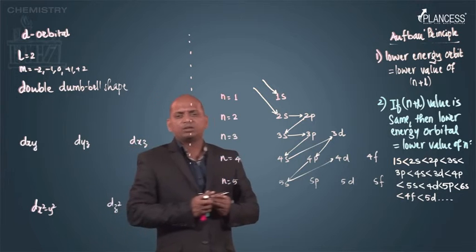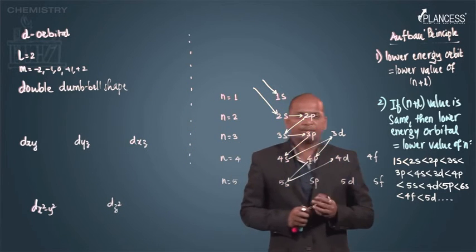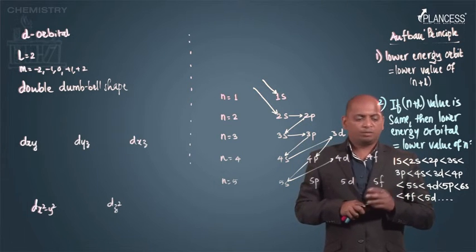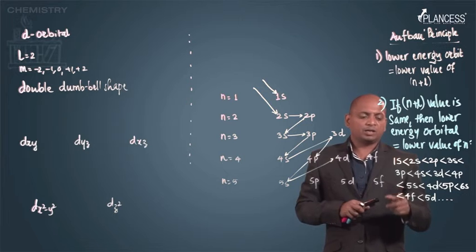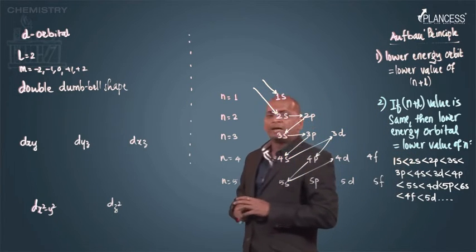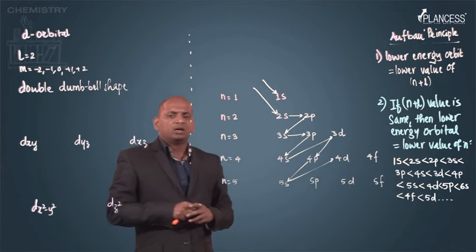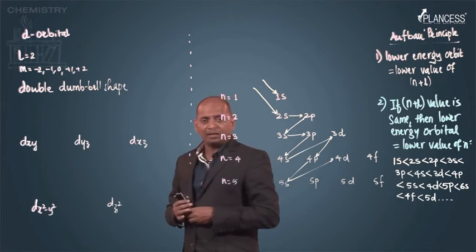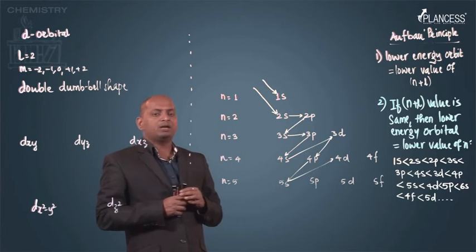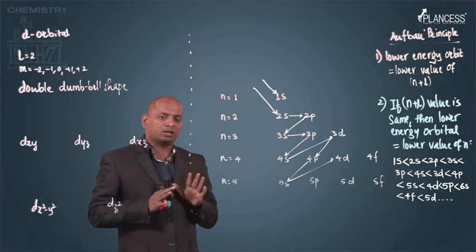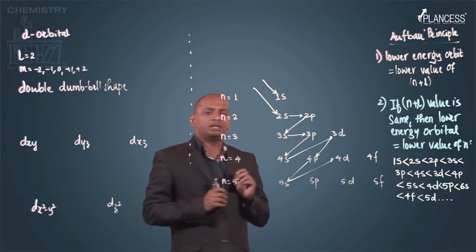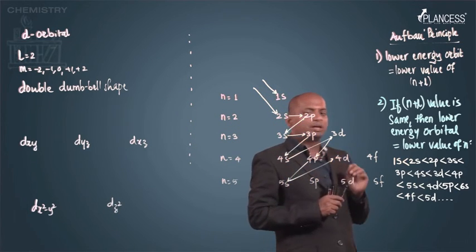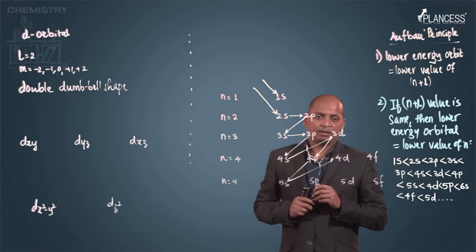In various books, the diagram is given in various ways, so whichever you feel is simple, you can follow that. But the order of adding electrons is only this way. I suggest you draw the diagram yourself so that you will remember it, and whenever we write electronic configuration, in the initial stage we should draw the diagram so that it helps us write the electronic configuration correctly.